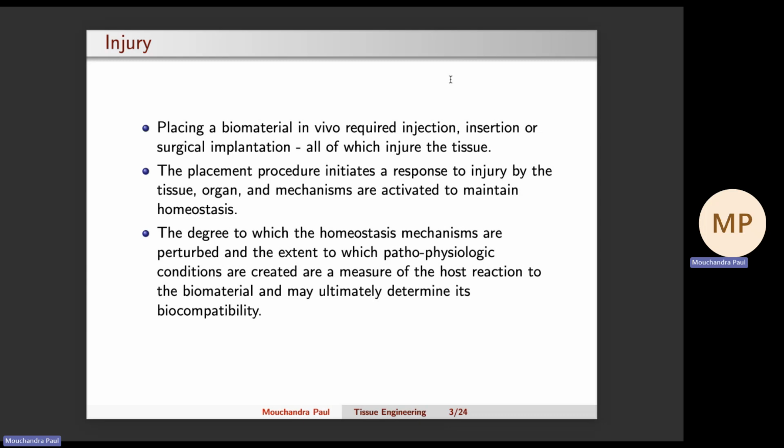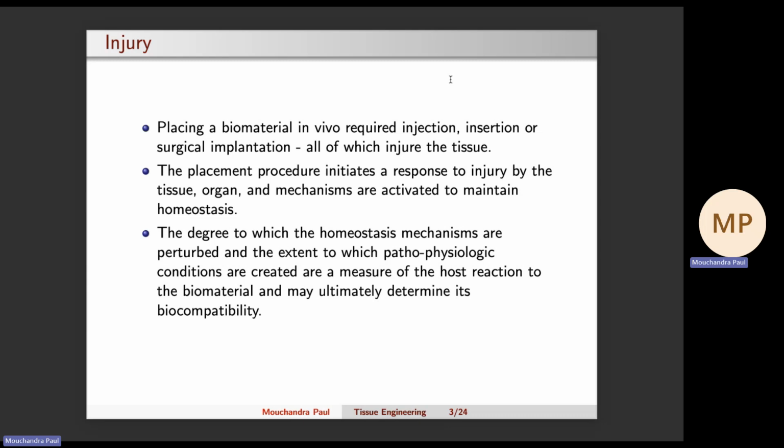If the homeostasis is very much disturbed, think of it as a balance scale. If it is too tilted towards the disturbed side, then it will take a very long time for the tissue to regain its homeostasis.